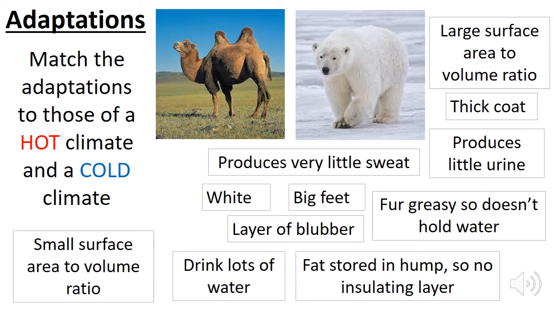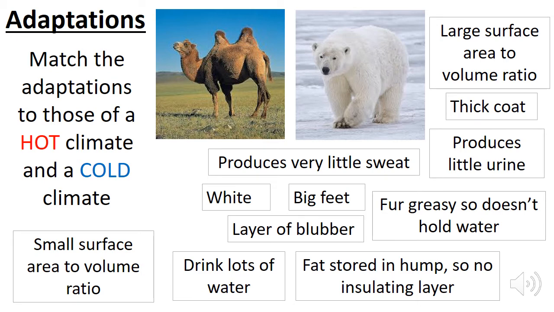So now that we know that an adaptation is just a special feature that allows an organism to survive in an environment, we're going to look at different adaptations and see if we can identify those that would allow an organism to be more successful in a hot climate and those that would allow an organism to be more successful in a cold climate.